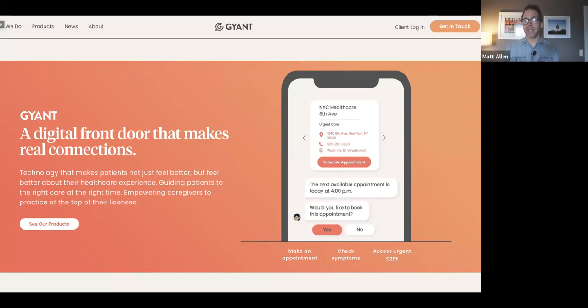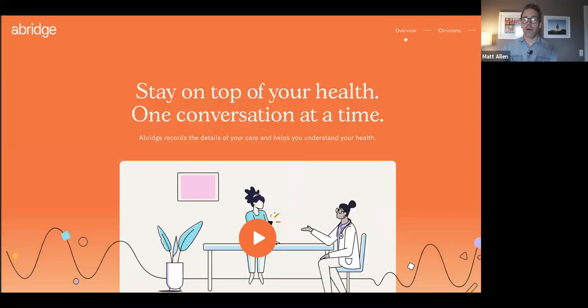They can do all of that with technology, right? Or even when they go into the office, they can use an app like Abridge, which actually records your conversation with your medical professional, uses natural language processing to give you a transcript back, and highlights the most important parts so you can remember what's going on, right? Patients are used to using technology now, especially, to interact with their medical care.